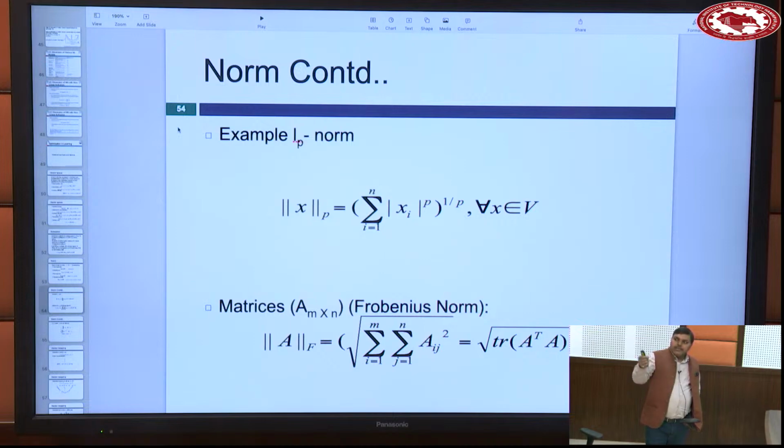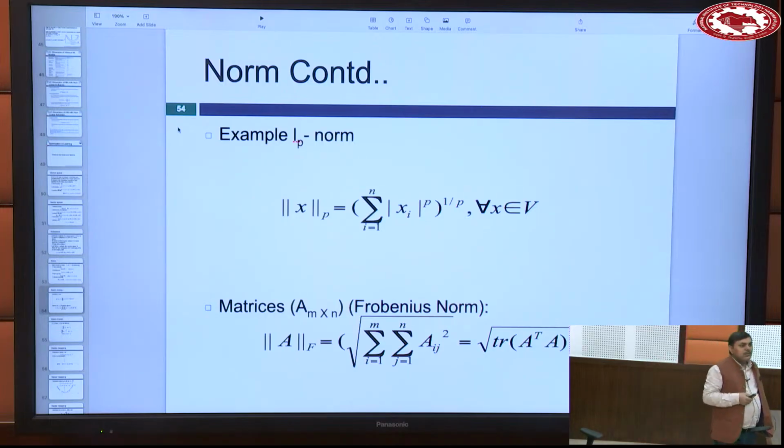The L1 norm says p equals 1, so this function is equivalent to the sum of absolute values. If p equals 2, what will happen? It is the sum of all squared values, and you just take the square root because you have 1 by p and p is 2. So it becomes the simple Euclidean distance.